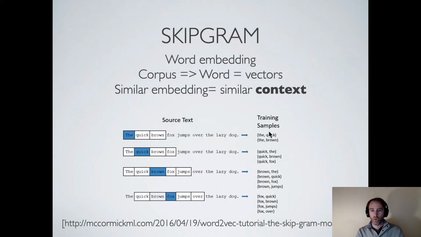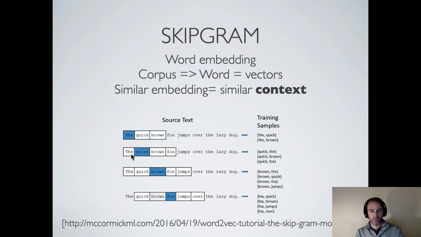So we remember as training samples that if I ask you what is the context of "the", you answer "quick". And a second example, if I ask you what is the context of "the", the answer is "brown". We really remember that these words are part of the context of this word.